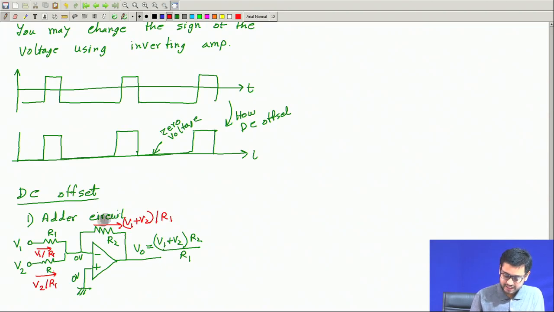This current, when you multiply with the resistance R2, will give the voltage drop across this, and this end is at 0 volt. So, what will be the potential here? It will be 0 volt minus this voltage drop. So, I will have a minus sign here.